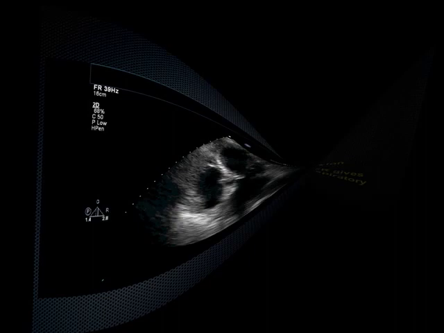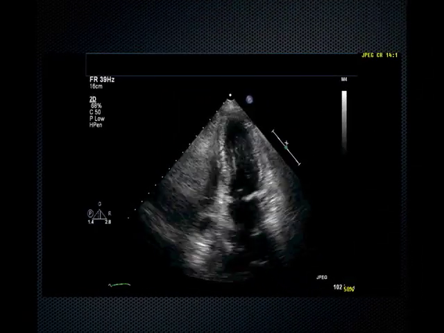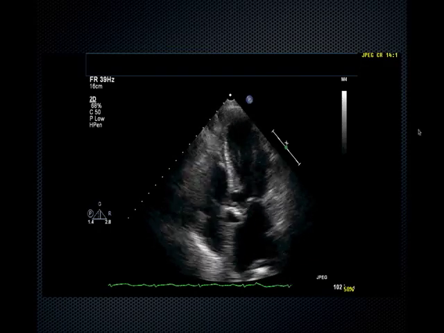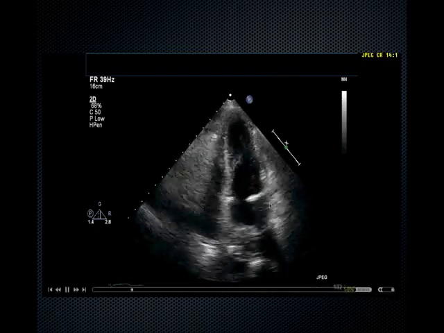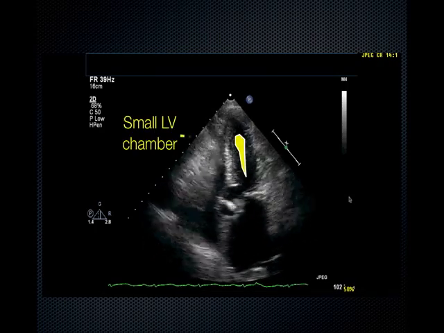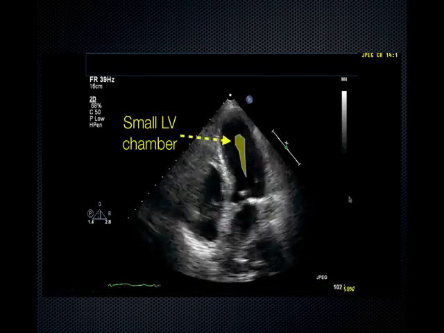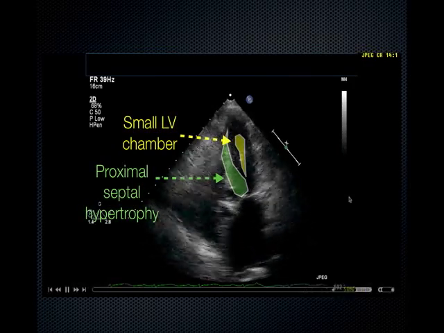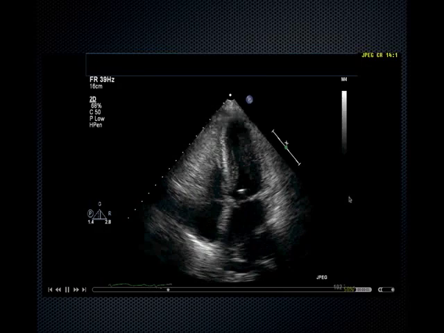In this case, what we saw was a woman with a very thickened heart, and this is slowed down so you can appreciate it. Very thickened heart, hyperdynamic. The left ventricular walls are touching. Almost no chamber. And a kind of thickened septum from her long-standing hypertension.